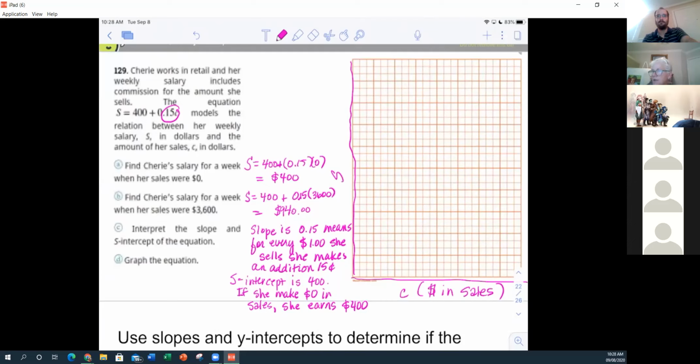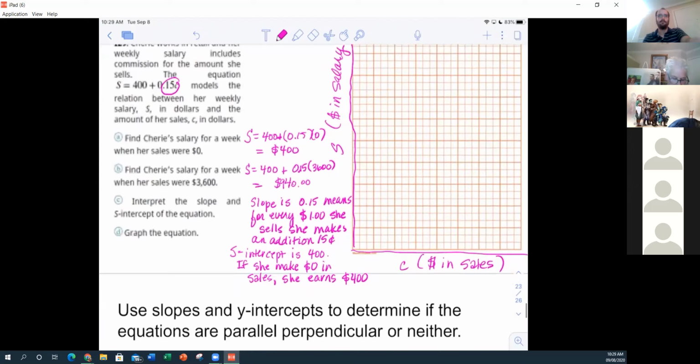It's going to be the amount she makes, right? It's going to be her salary. Okay. So again, I'm going to go ahead and plot a couple of points so I know if she sells 0, she didn't sell anything, she makes $400.